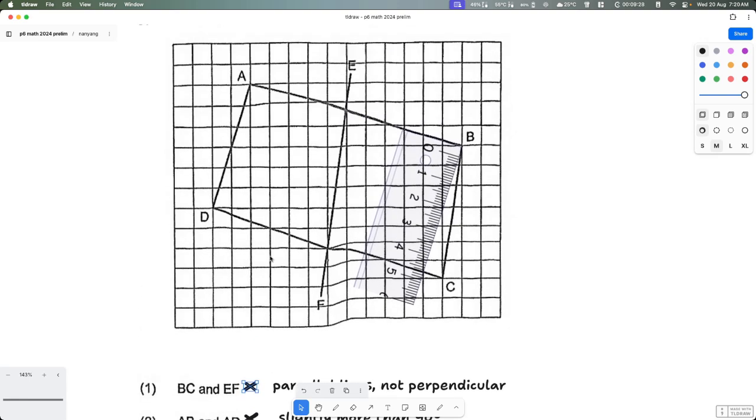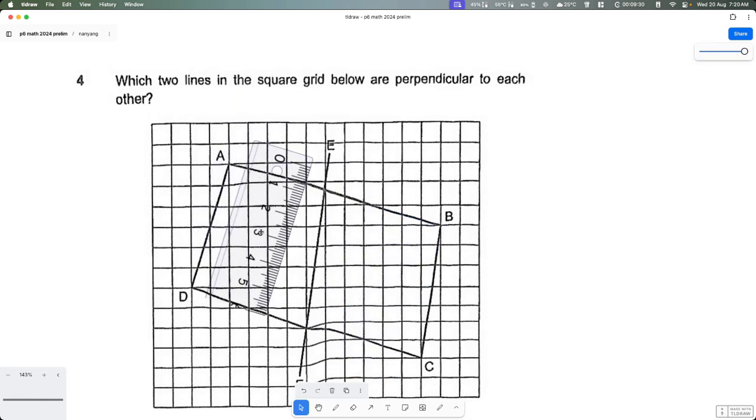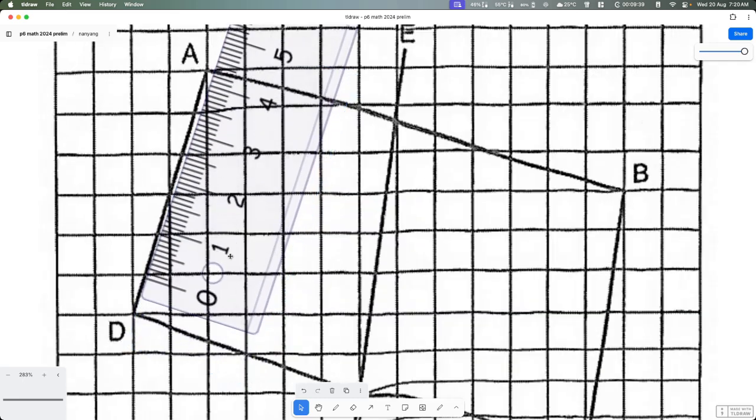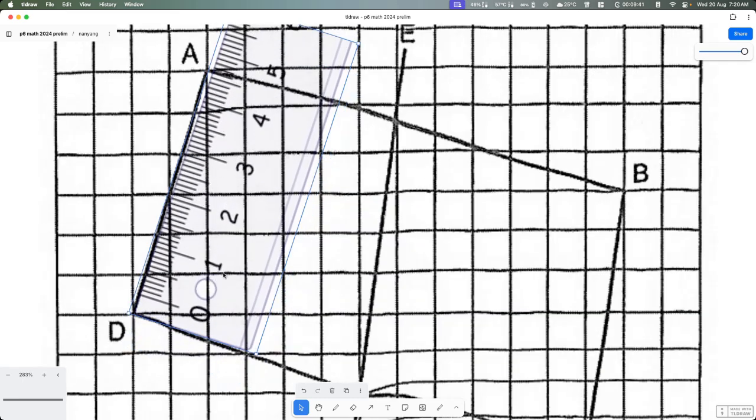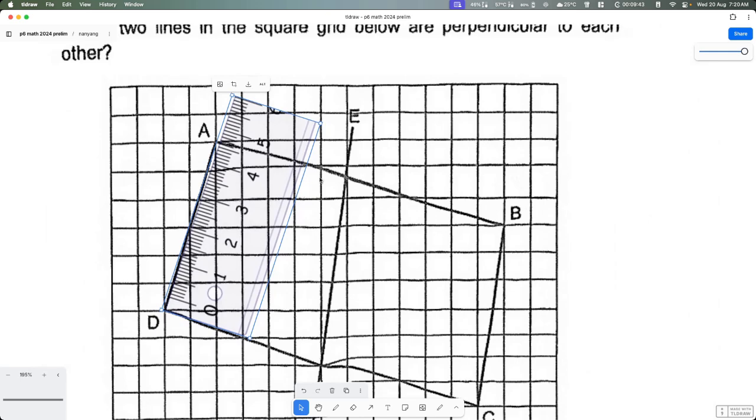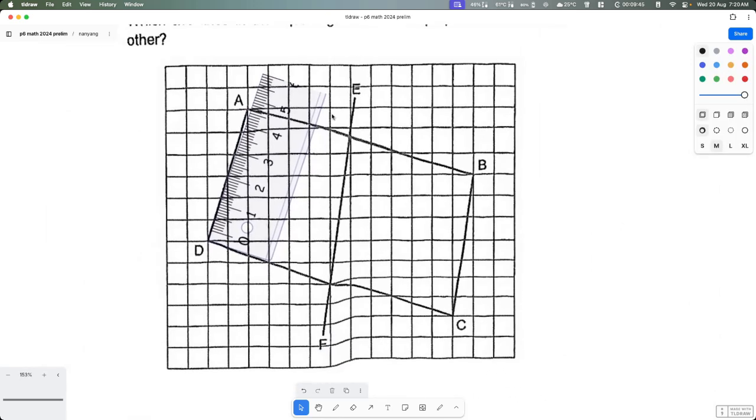Let's see. AD and DC. So over here, oh, looks like it. This ruler is translucent, but let me just zoom this in. AD and DC, looks like it. Okay, it's a bit bent, but I would say pretty close, but in essence, the answer should be AD and DC.